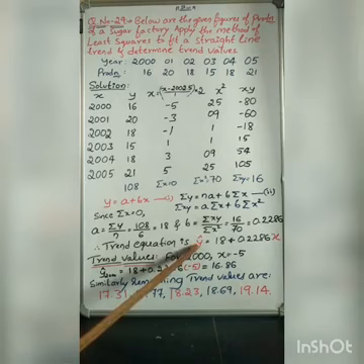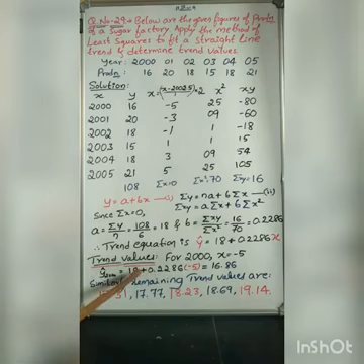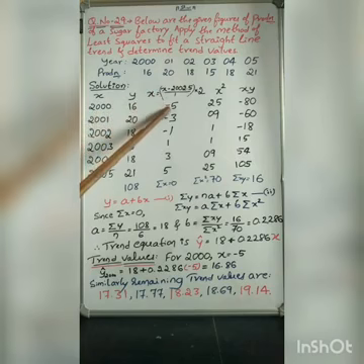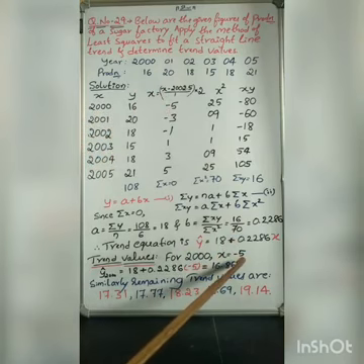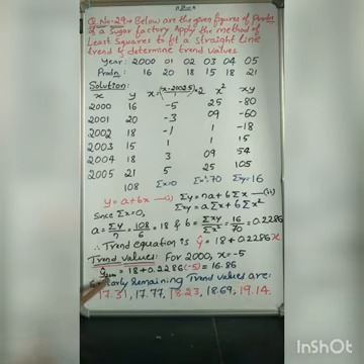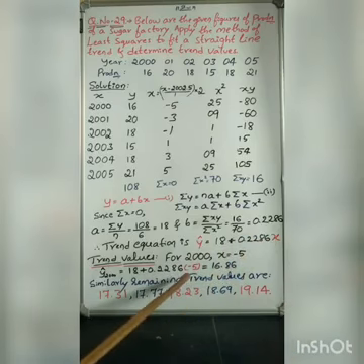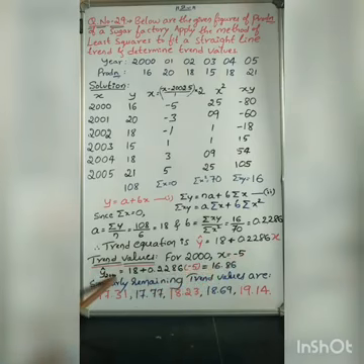Fine. One example we shall see. Trend values for 2000. In order to calculate these trend values, one example we are taking as for 2000. For this 2000, what is the value of x? x equal to -5. So y cap at 2000 year, we have to use this trend equation, so that 18 as it is plus 0.2286, and this x may have to be substituted as -5 in case of year 2000.